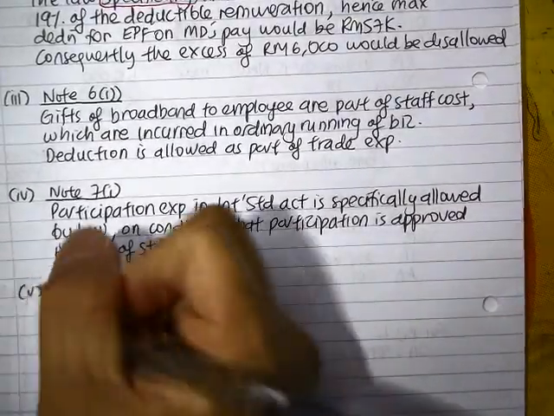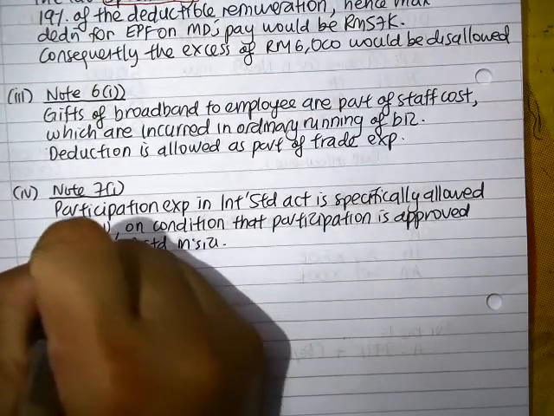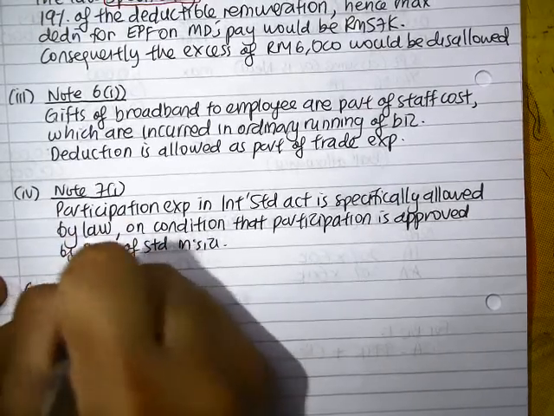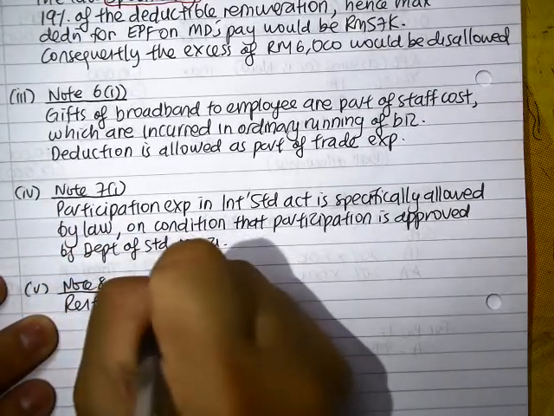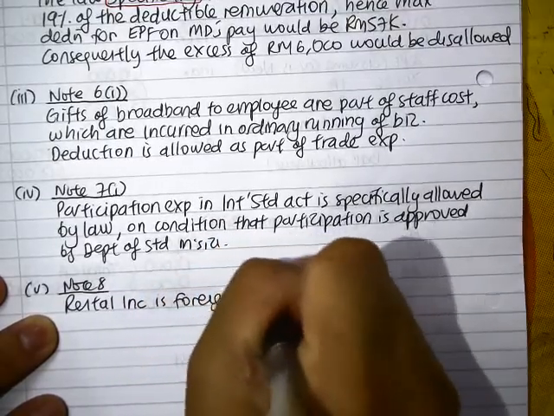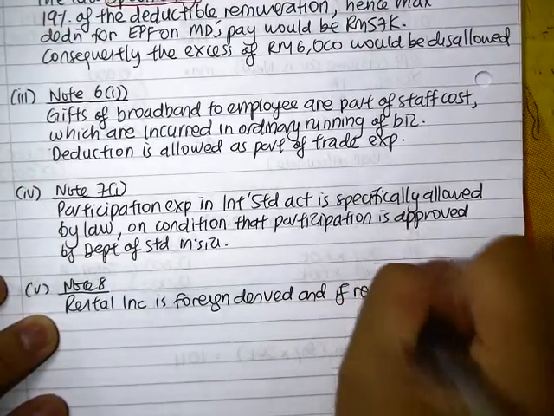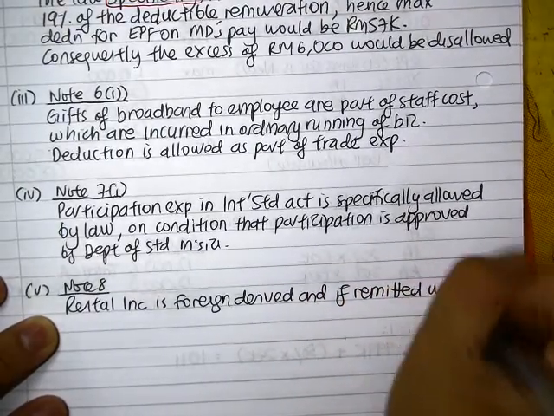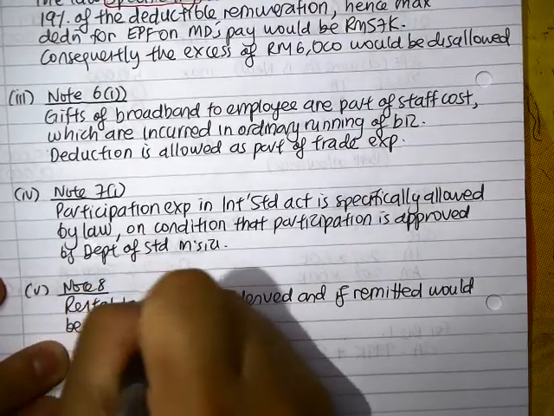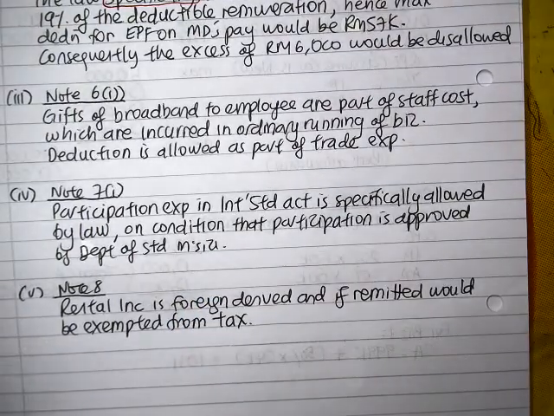Okay, right. The last one they want us to explain is rental. So note 8. Now the rental income is foreign derived, and if remitted would be exempted from tax.